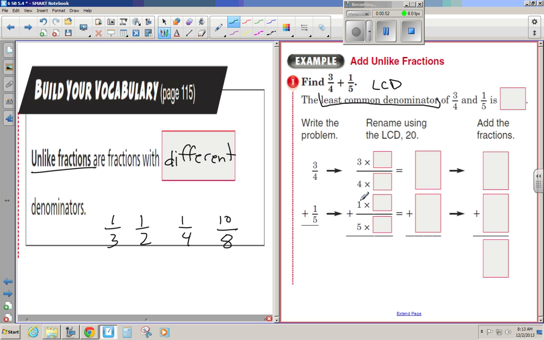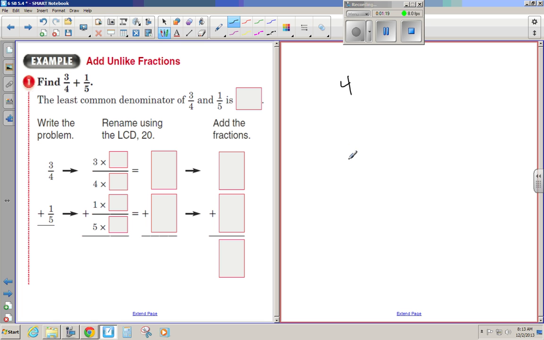So the first thing you're going to want to do for this example, 3/4 plus 1/5, is find a like denominator, because once they're the same, then it's easy to add or subtract. So, write out the problem and look at the 4 and the 5. You're going to find the least common multiple.